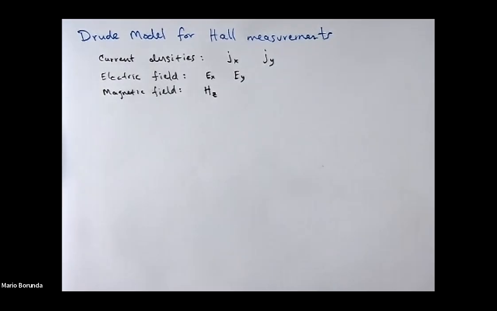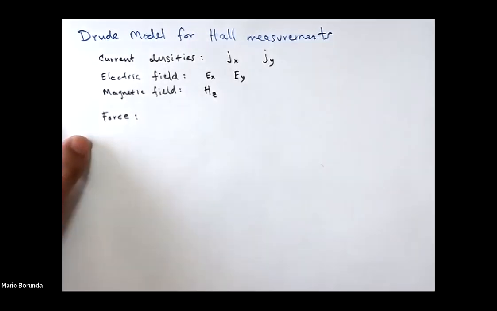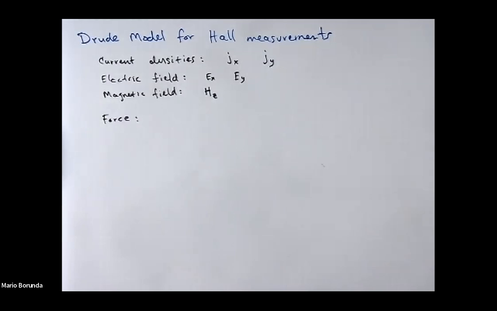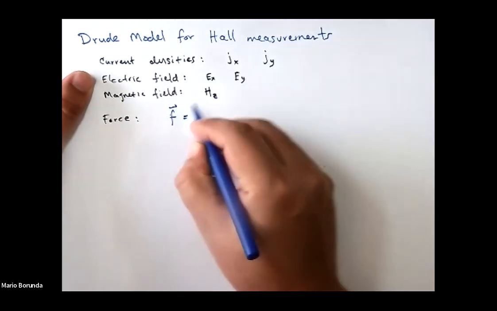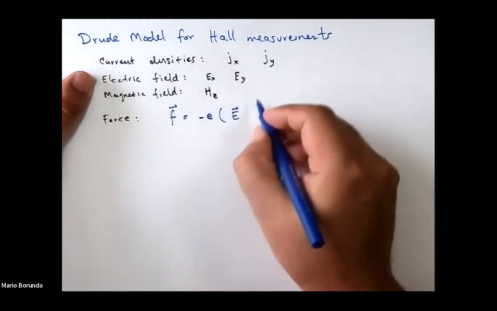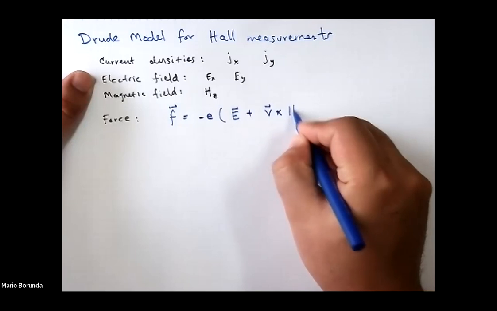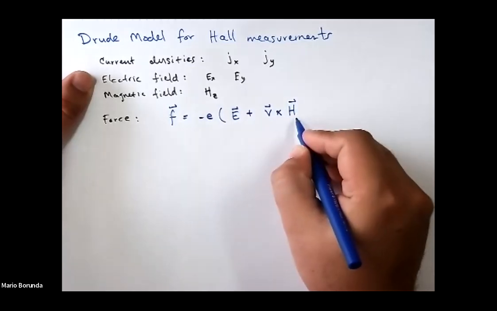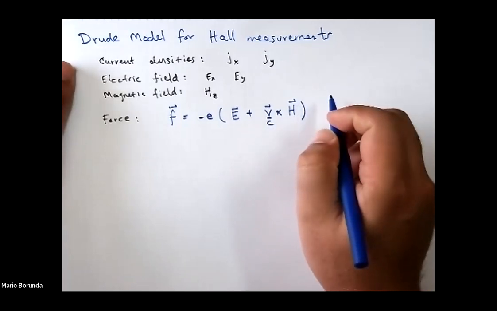So if we look at all of this, the force acting on an electron is given by the charge of the electron times the electric field, plus the velocity of the electron crossed with the magnetic field, and then we have to divide it by the speed of light.